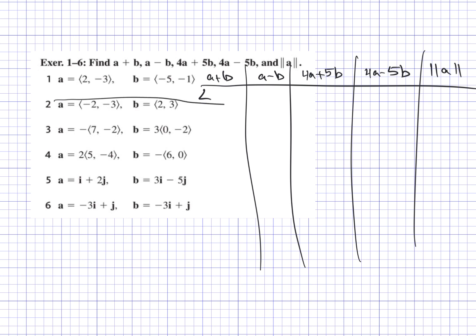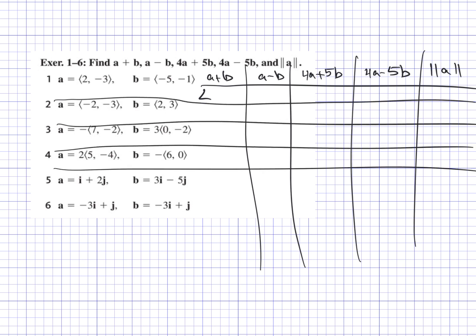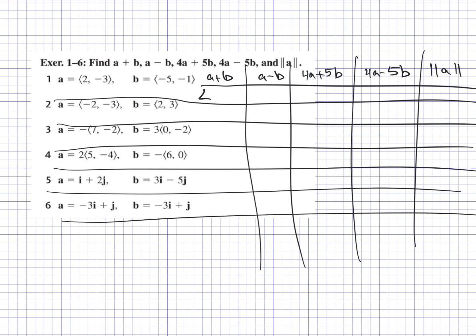Let's make this a nice grid, and we'll do our answers. Let's go ahead and do 2 plus 5. 2 plus negative 5 is negative 3. And negative 3 plus negative 1 is negative 4.